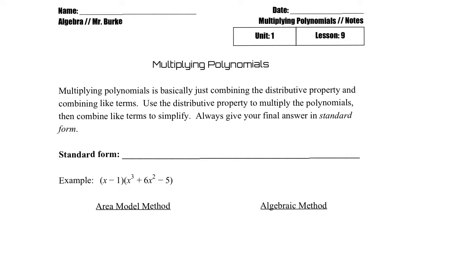The other thing that I want to add to this is we should be giving our answers in standard form. Standard form is when the exponents in the problem go from biggest to smallest. So in lesson 6, we learned how to multiply polynomials.